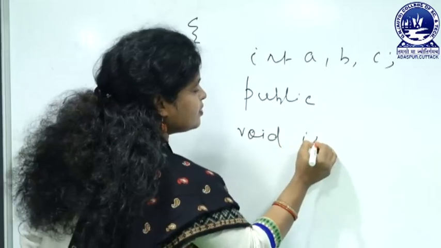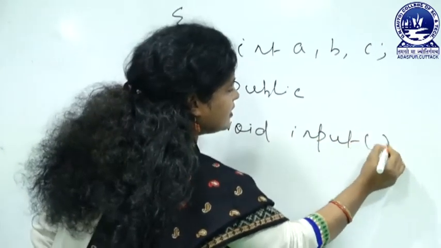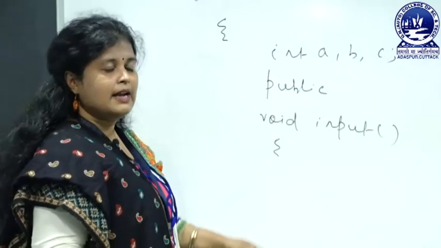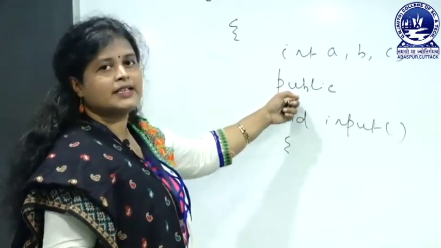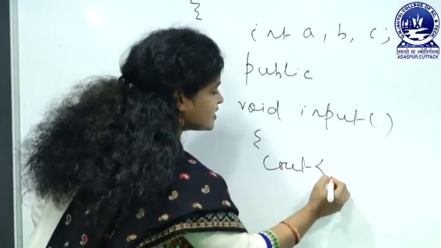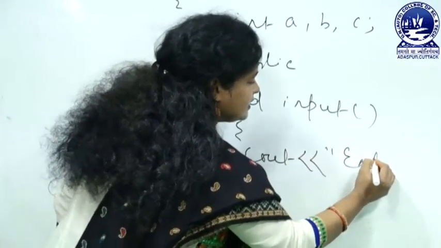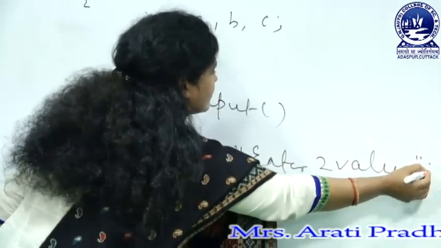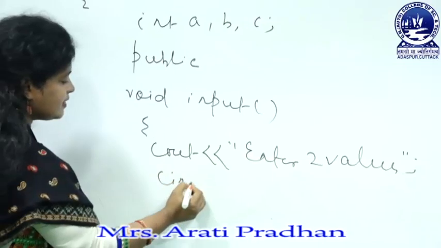Then now I am using one input method or function, you may say method or function, no problem, and here the access specifier is public. Here I am using the statement cout, enter 2 values, then cin.